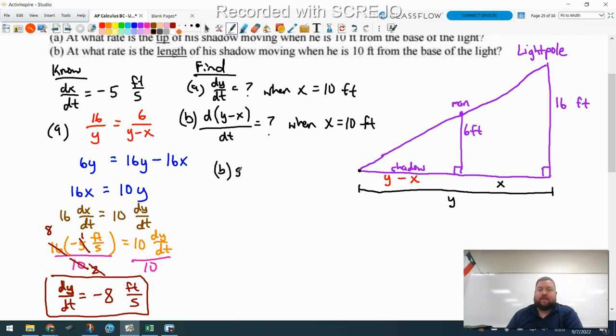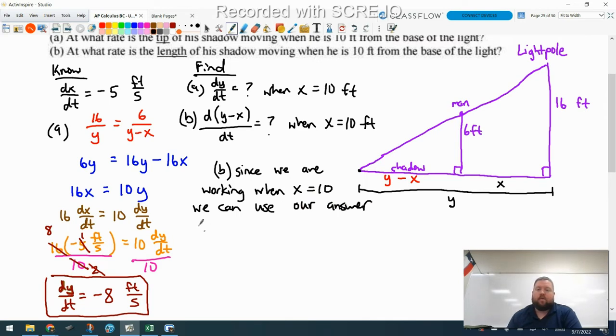So since we are working when x equals 10, we can use our answer from part A.